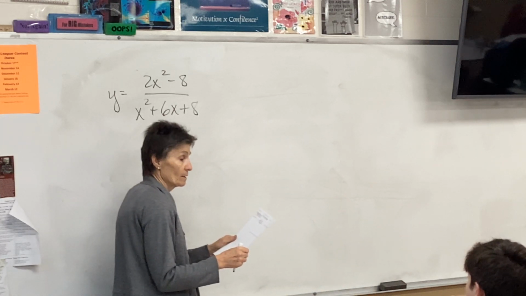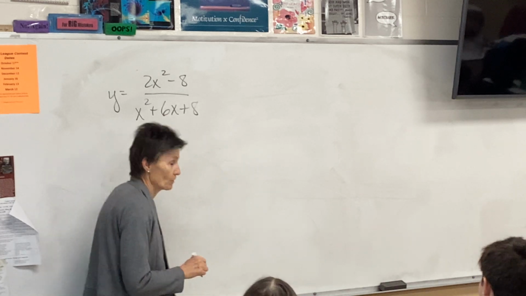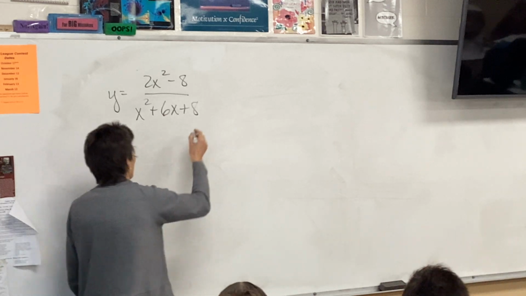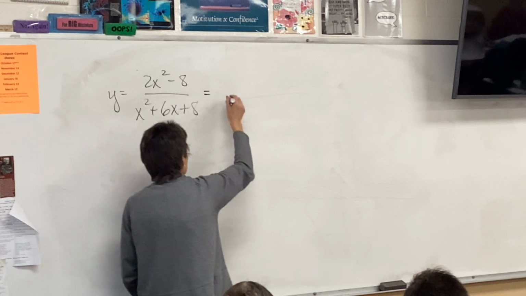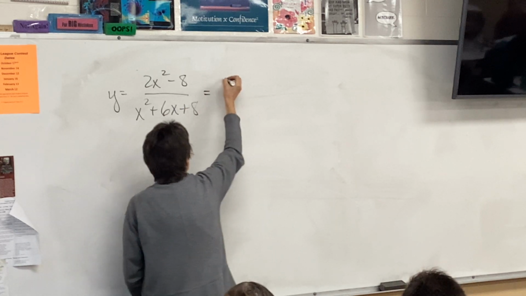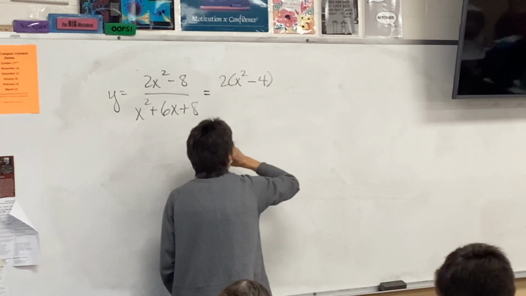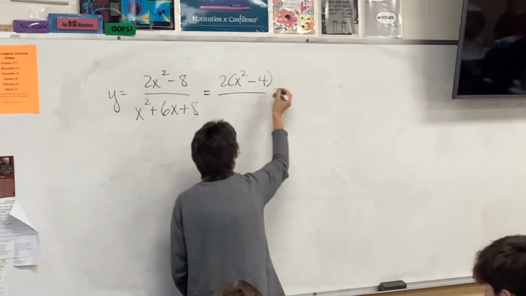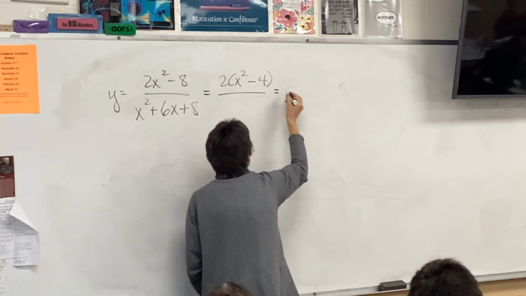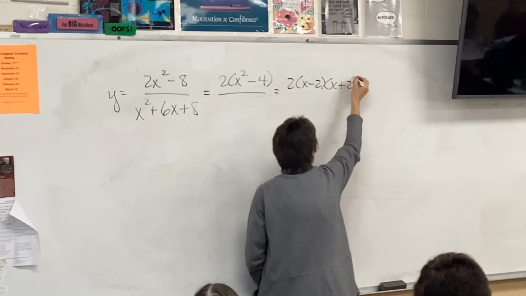Okay? So what are you going to do first? This is your problem. You're going to factor. Do you notice anything about factoring the top? You can take out a 2. And then what do you notice? It's going to be x minus. You have the difference of squares.